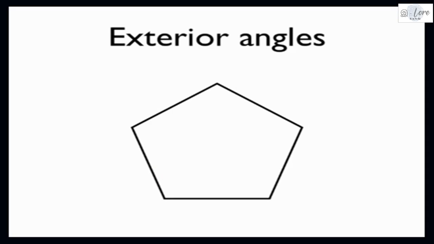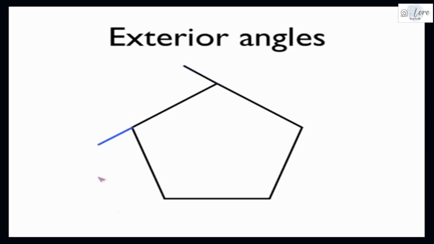Now come to another polygon. This polygon also has exterior angles, as the triangle has three. If you extend the lines of this figure, the angles will come outside of the figure. We call that the exterior angle of the given figure.